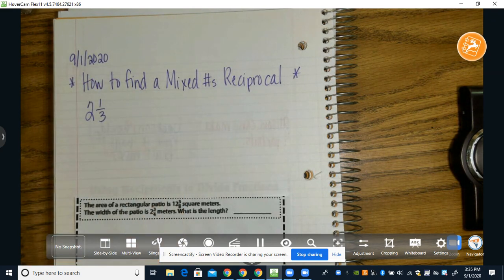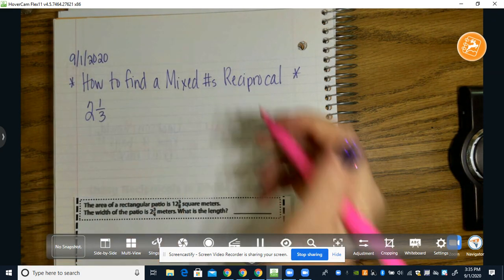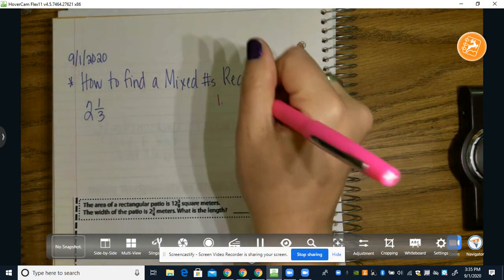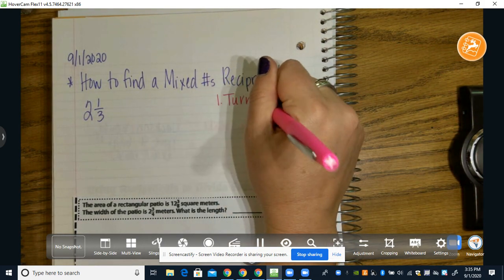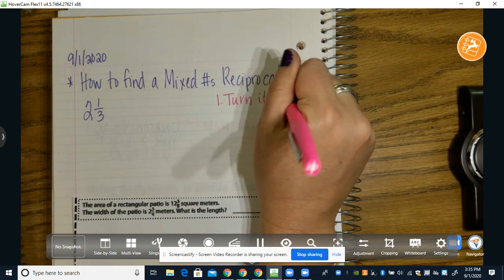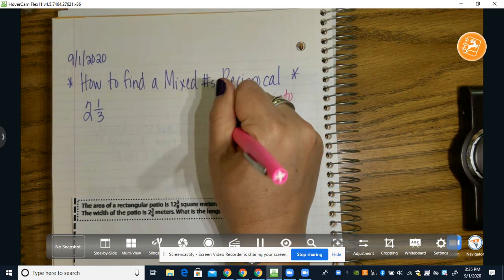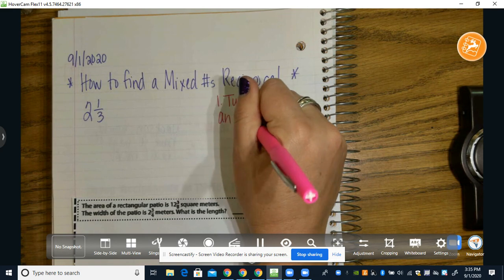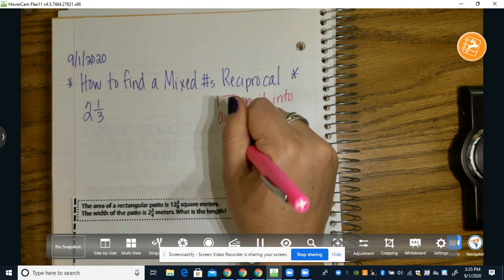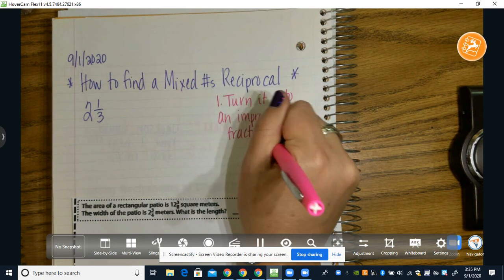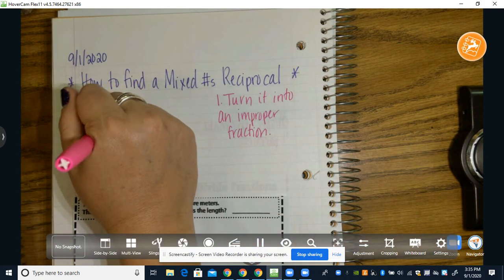My first step, step 1: turn it into an improper fraction. Okay, and we do that with that around the world.